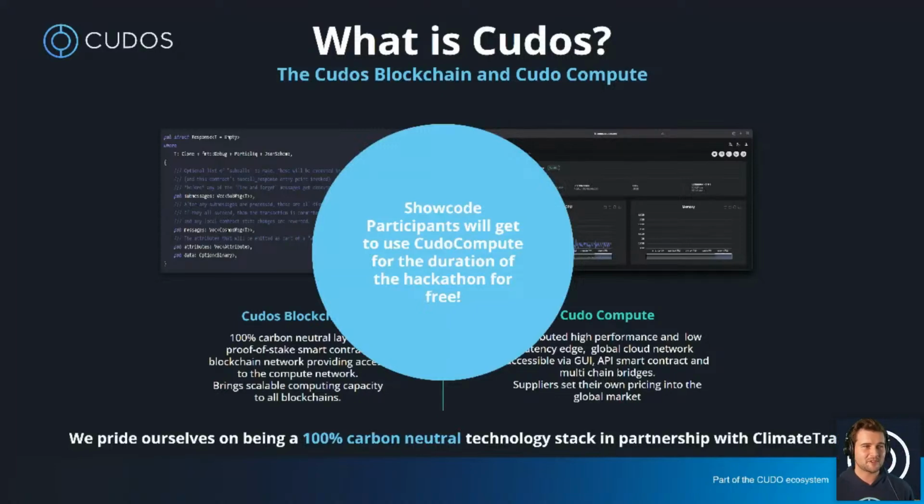And so you'll be able to deploy onto that cloud network for free. So that's pretty exciting. And so you'll get a taste of both the blockchain development side, as well as running the front ends of your programs on a decentralized cloud computing network as well.